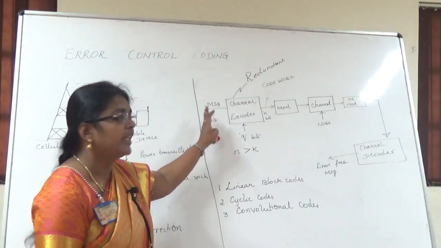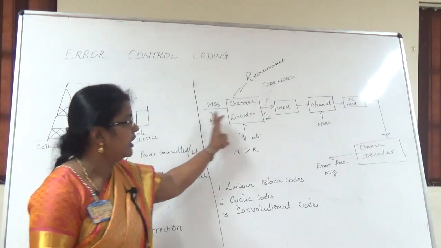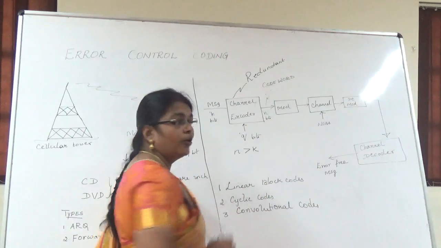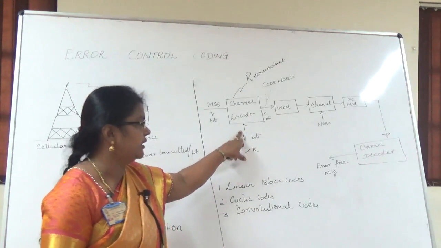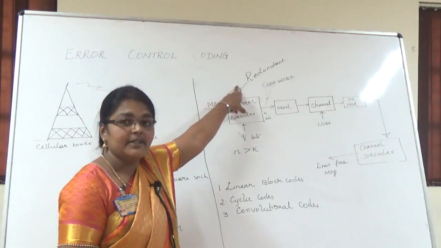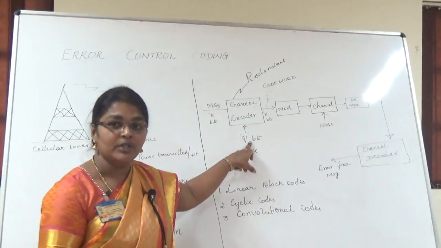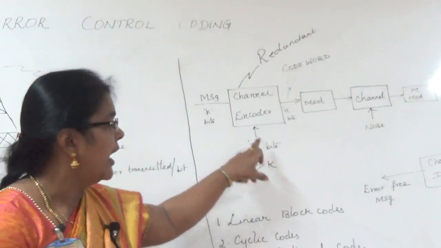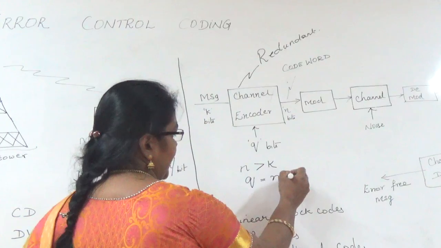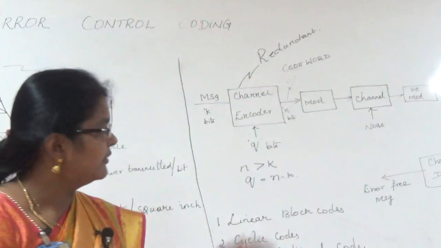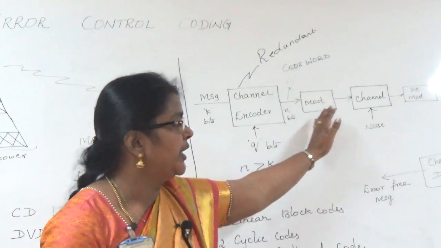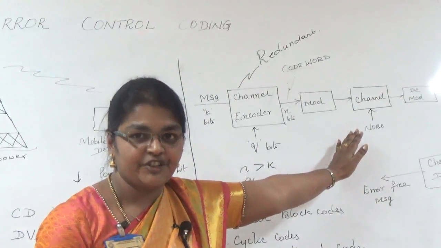The input is a k bit message, the output is n bits, and this is called the code word. In the middle, we add some extra bits, the redundant bits, and the number of bits added I am considering as q, where q is n minus k. After encoding, the signal is passed through the modulator for proper transmission through the channel.